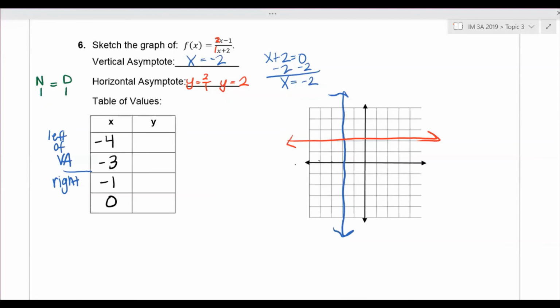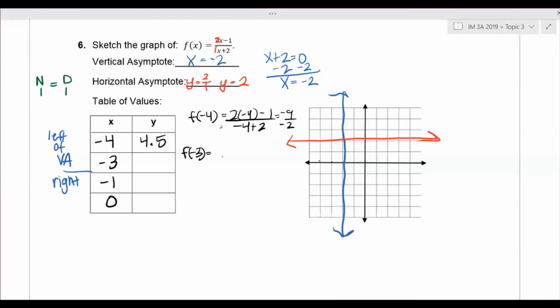So we take these values and we plug them into our equation. So we're going to evaluate f of -4, which means we're going to plug 2 times -4 minus 1, over -4 plus 2. So that's going to give us -8 minus 1, so -9 over -2. So that's going to give us about +4.5. Then we're going to find f of -3.